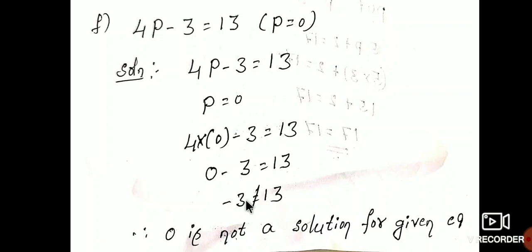So LHS is not equal to RHS. Therefore 0 is not a solution for the given equation. So 0 is not a solution for the given equation because when we substitute, we must get LHS equal to RHS. Did it come? Not possible. That's why 0 is not a solution for the given equation.